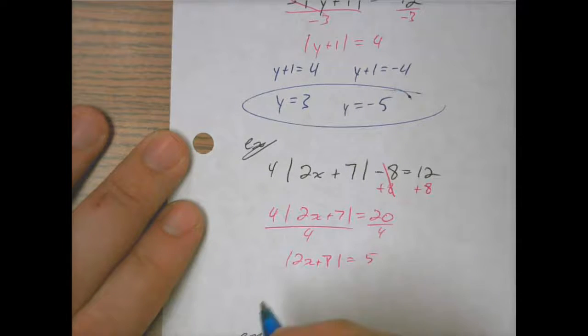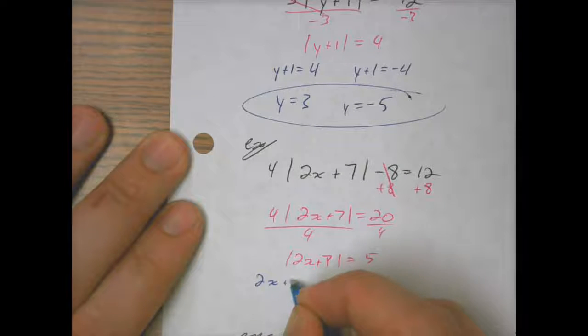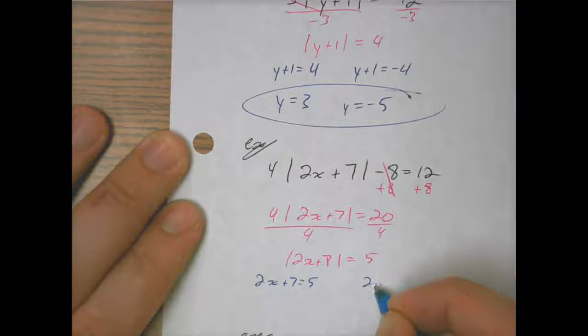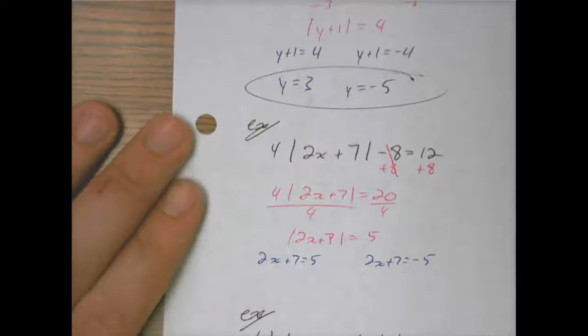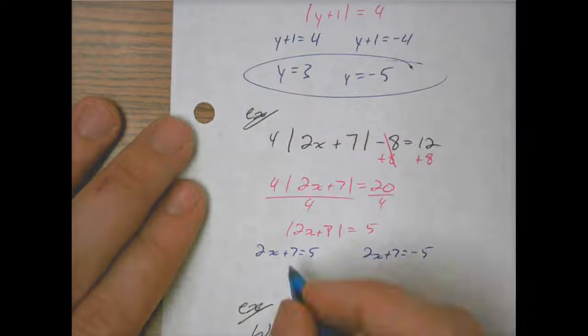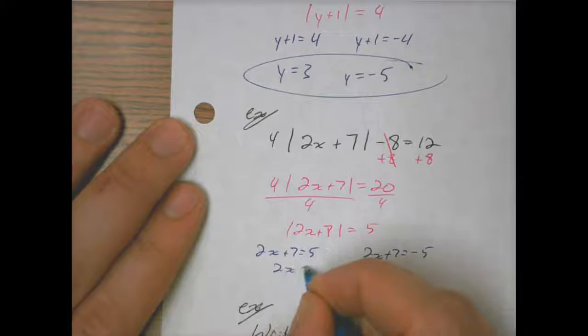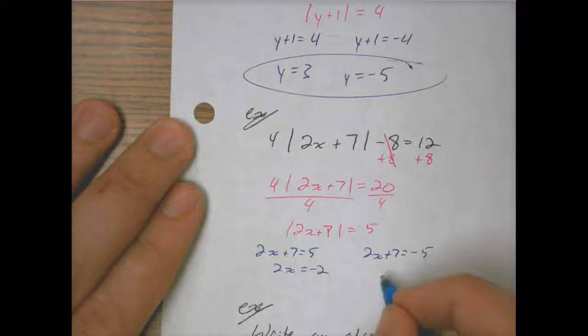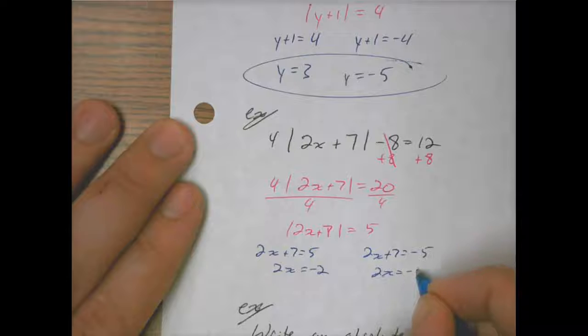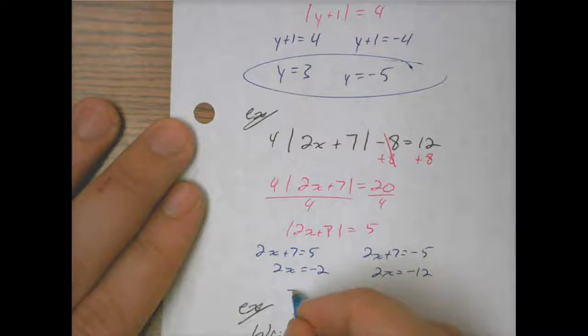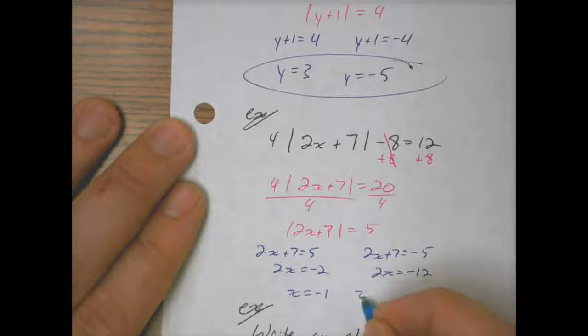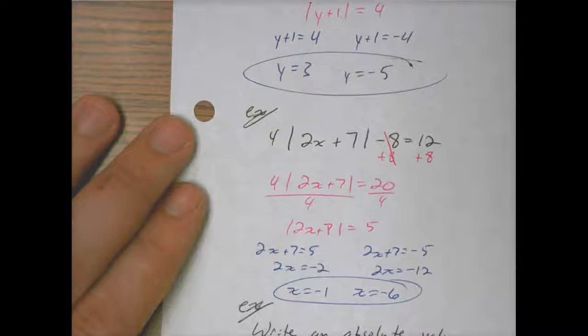And then I will drop the absolute value, so it could be 2x plus 7 is equal to 5, or 2x plus 7 is equal to negative 5. I will have to subtract 7 from both sides, so minus 7, 2x equals negative 2, and minus 7, 2x equals negative 12. Divide by 2, so x is negative 1, or x is negative 6. Those are both possible options.